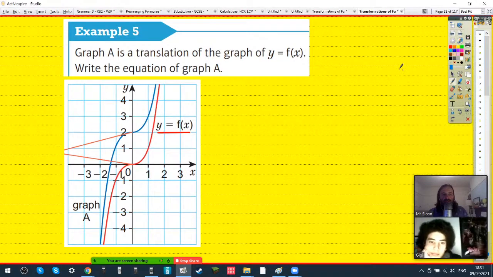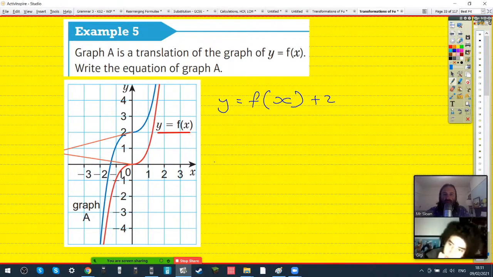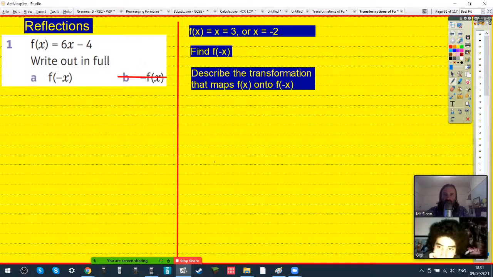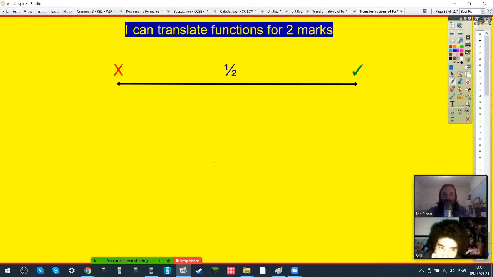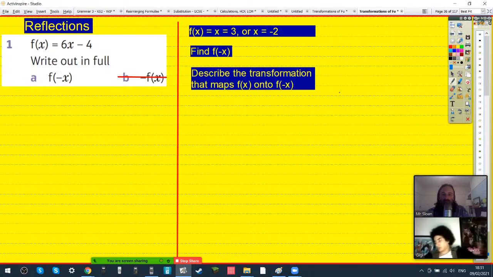Yeah, inside or outside the bracket? Outside, for y. Plus 2. If it's in the bracket, it moves it in the x direction. Okay, translations in general. I'd say tick. So we did every possible thing for it.